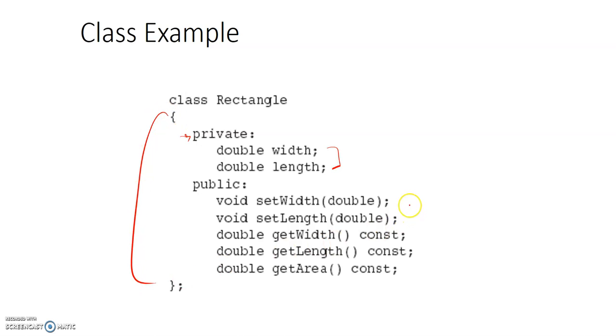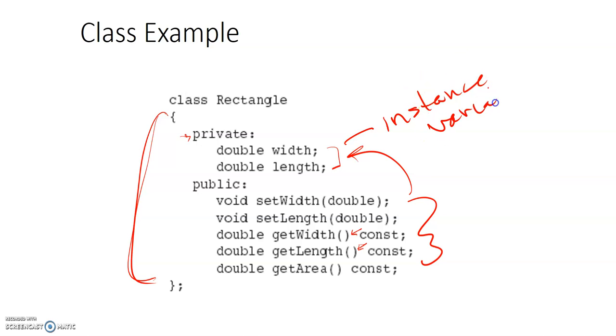So all of these functions have access to these two private variables. However, anything outside of the curly braces does not have access to the direct width and length of the object. All they can do is call to get that value, okay, of the length and get the width of the object.